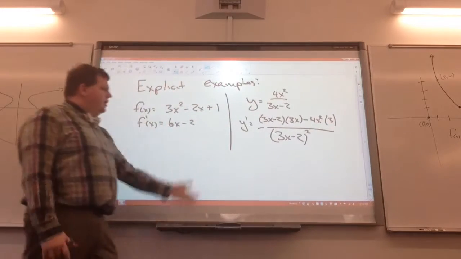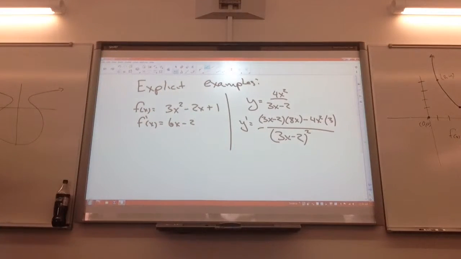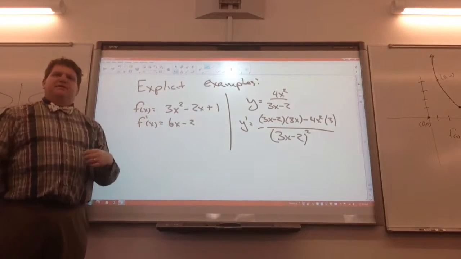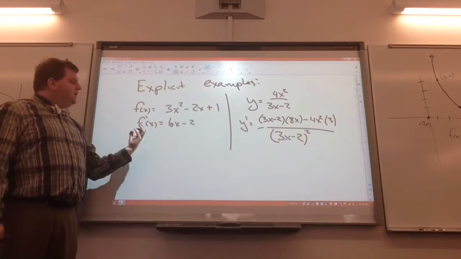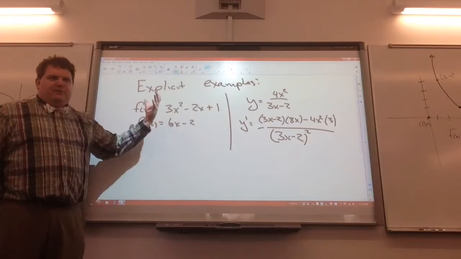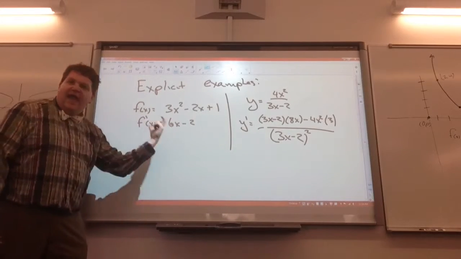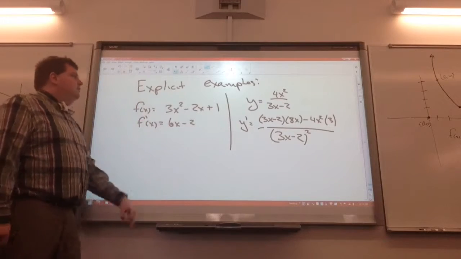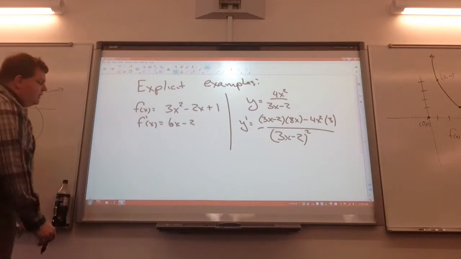Okay, and we're good. We can do that because these are all explicit. They're all written as functions of x, and it's fairly easy to determine how to take the derivative. All the derivatives are with respect to x, so we just apply the various rules and get our answers. Super easy at this point.